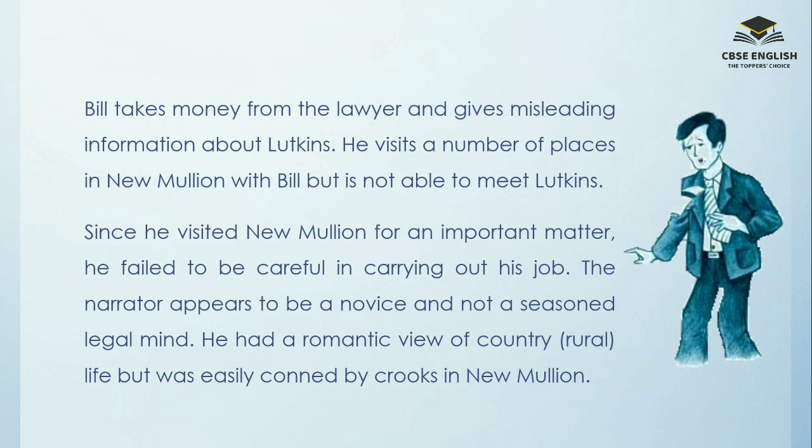The narrator appears to be a novice and not a seasoned legal mind. He had a romantic view of country, that is, rural life, but was easily conned by crooks in New Million.